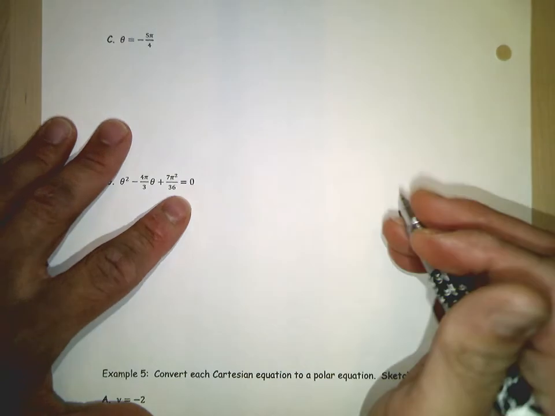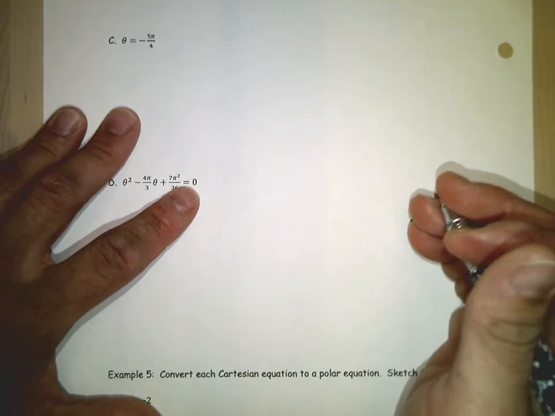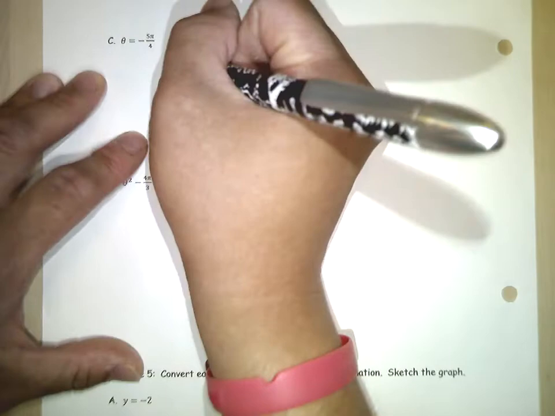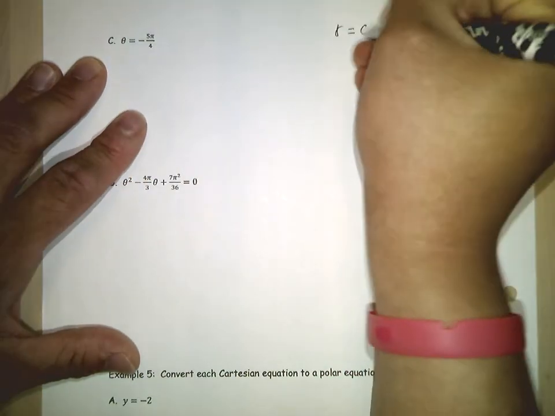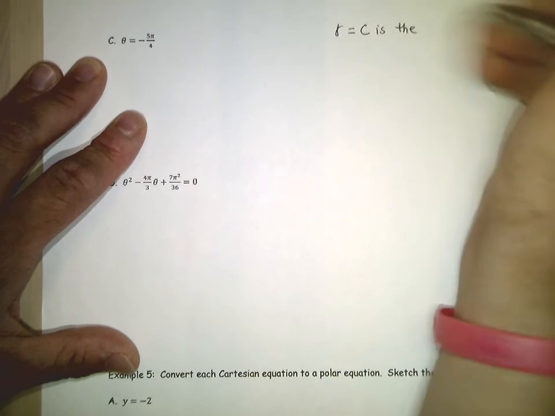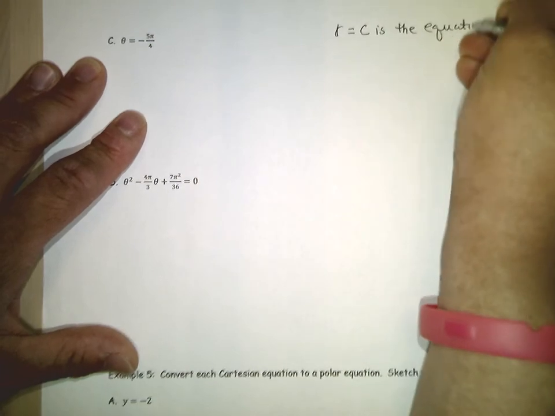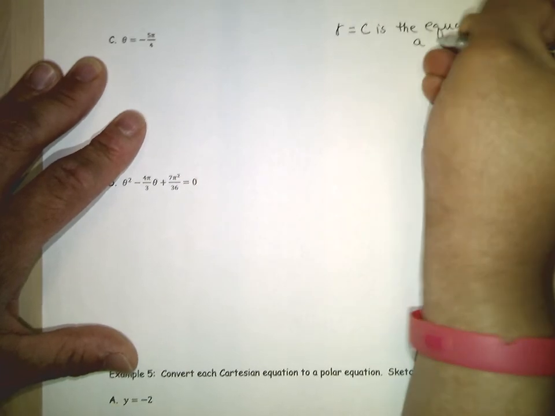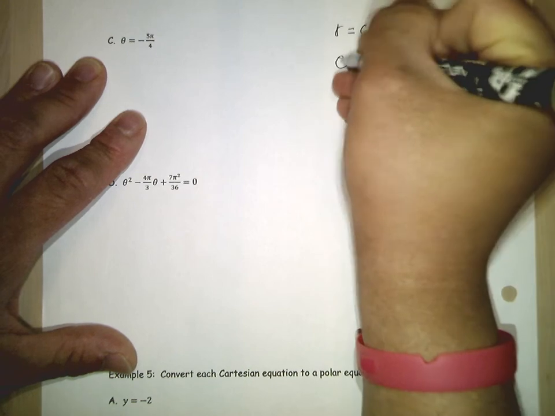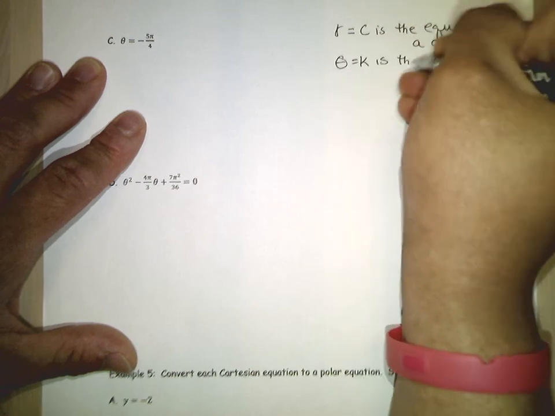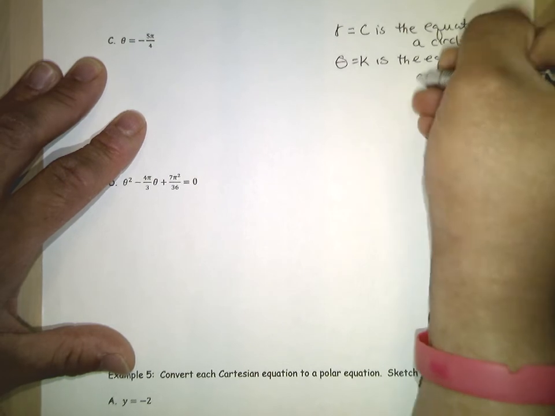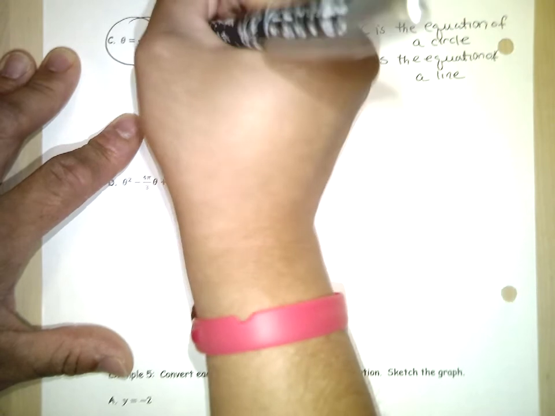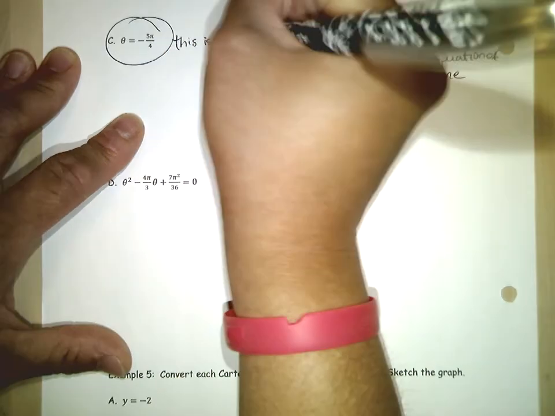Theta is equal to negative 5 pi over 4. So I don't know if you've seen the pattern yet, but r equals c is the equation of a circle, and theta equals k is the equation of a line. So this is a line.